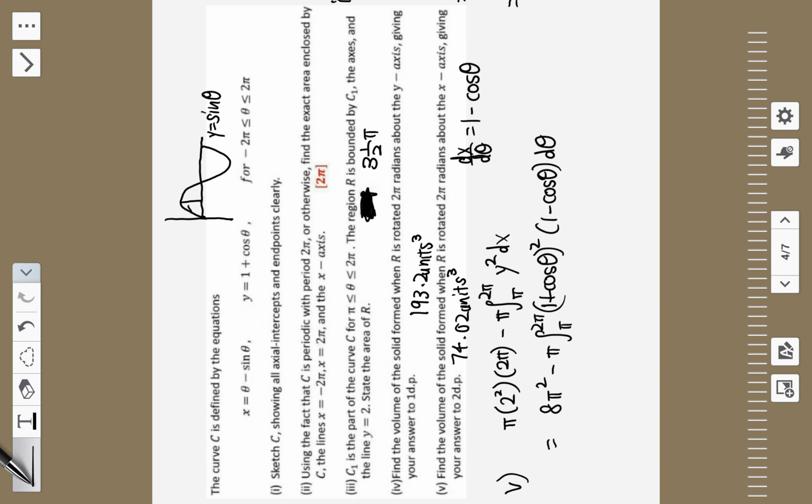If this part is rotated about the y-axis, how would you find this? The question is actually quite good, and in fact you can change the axis to theta, so then it's simpler. So this one is of course 1, since y is 1 when sine theta is 1, then this part would be pi over 2.